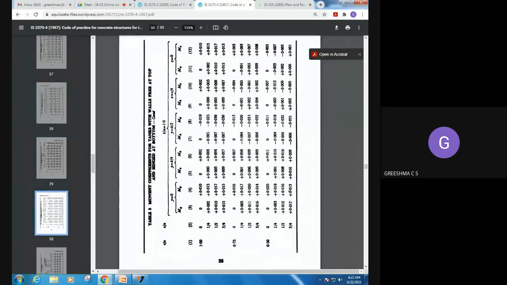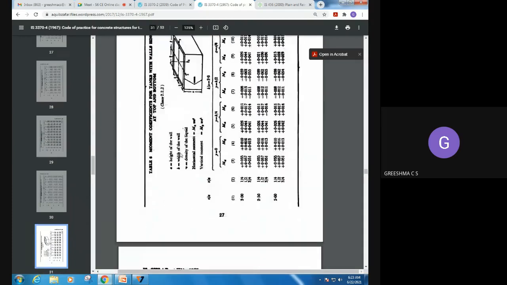Here you can see table 5, which tells you about the moment coefficient with walls free at the top and hinged at the bottom. That means it is telling about the bending moment coefficient of a water tank wall which is free at the top and hinged at the bottom.